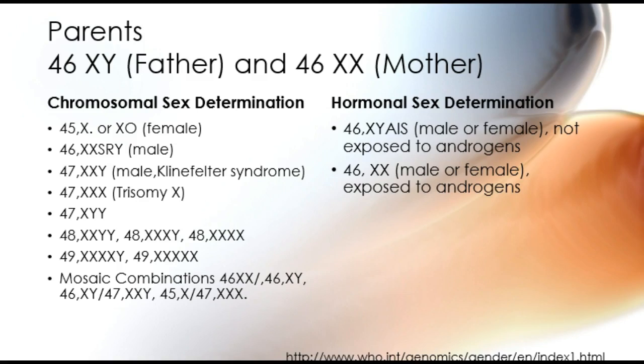You also have trisomy X, so that would be a female, but you also have XYY, and like I said earlier, XXY, that's Klinefelter syndrome. A lot of times these people will end up being not able to reproduce, but not always, okay? You have XYY, which used to be referred to as the super male.